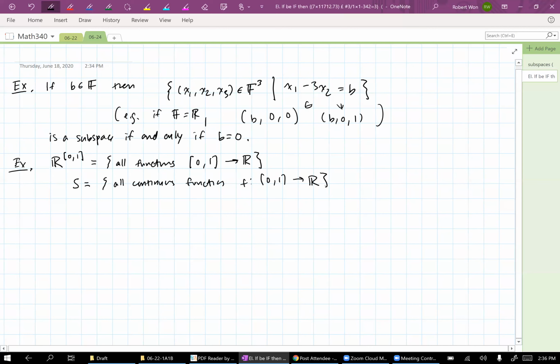Not every function is continuous, but all of these functions in S live in the big vector space, right? And in calculus, you learned things like the sum of two continuous functions is continuous. Turns out also that if you scalar multiply a continuous function, you again get a continuous function. And also the zero function, the function that's identically zero, is also a continuous function. And so it satisfies the three conditions of being a subspace. Then S is a subspace of this big vector space.